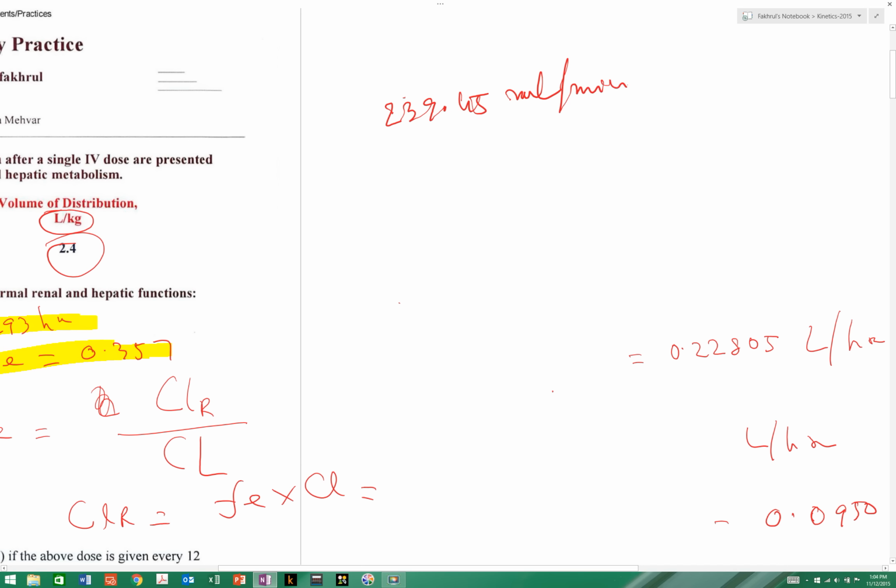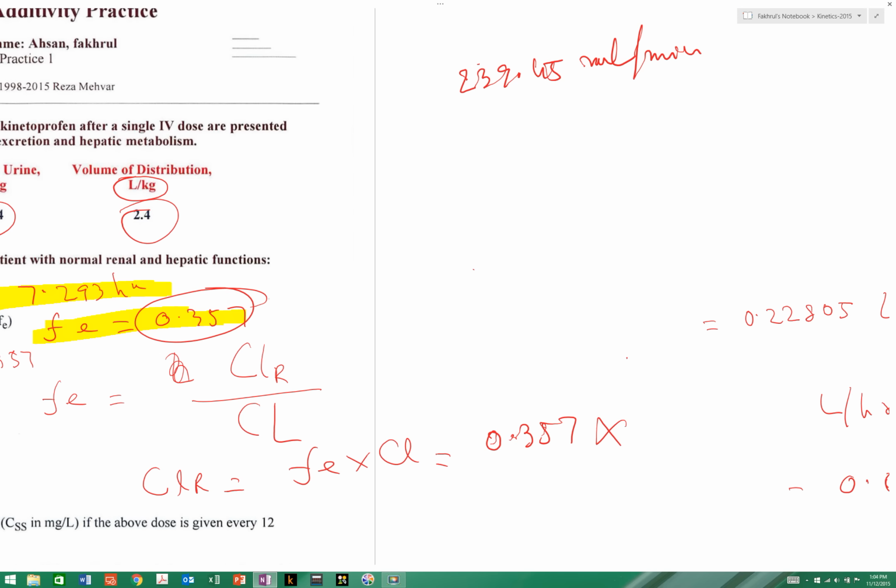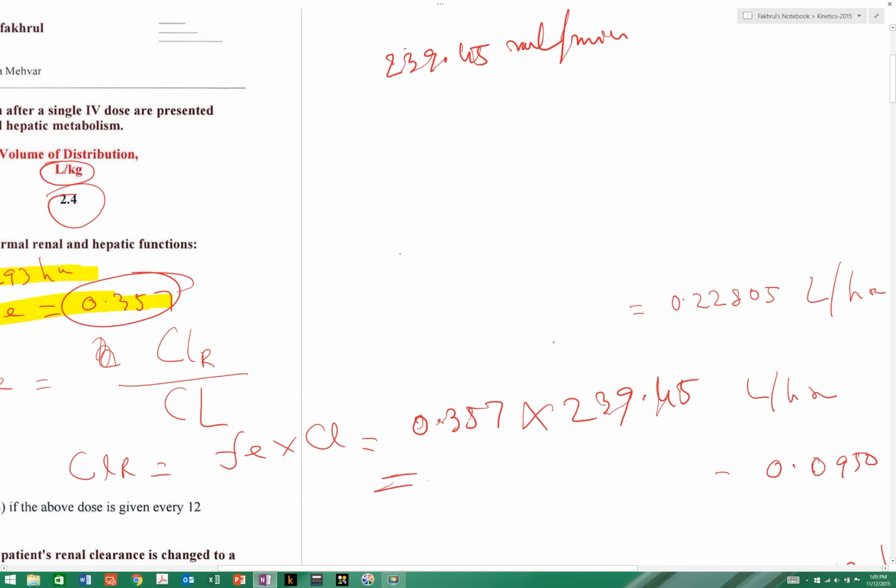So now Fe is 0.357. This is the Fe. So 0.357 times 239.45. Here we will have 85.48 milliliter per minute.